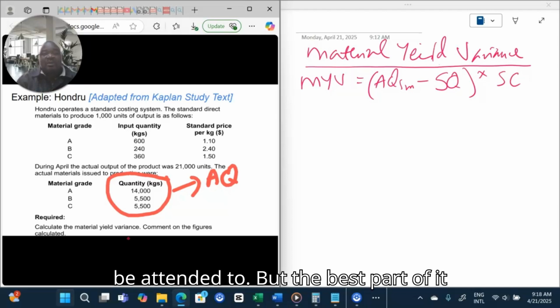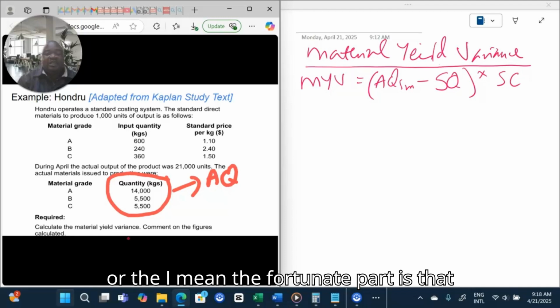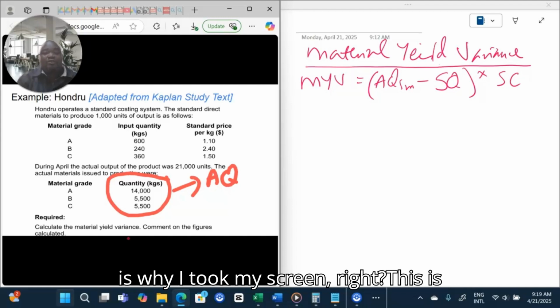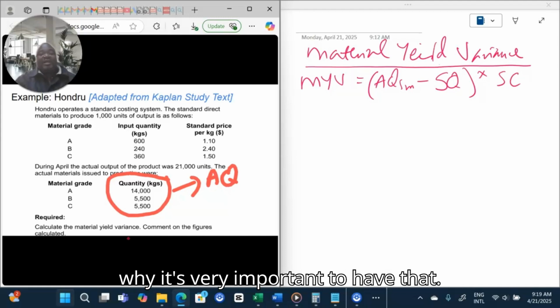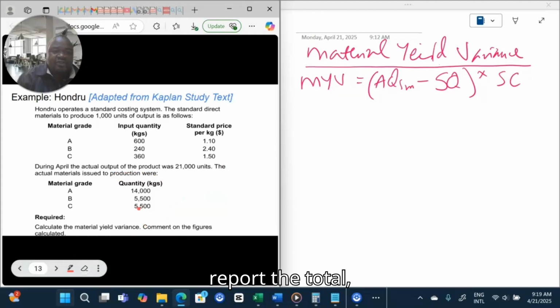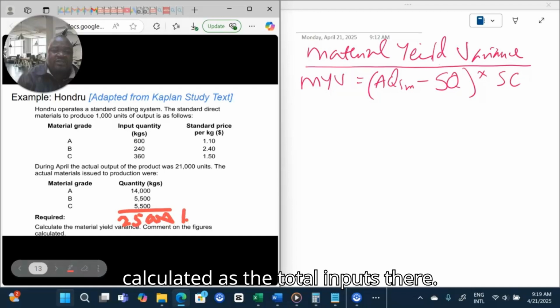be attended to. But the best part of it, or the fortunate part, is that we have already computed the ratios. This is why I took my screen, right? This is why it's very important to have that. So let me just re-put the total. We are the 25,000, which we have calculated as the total inputs there.